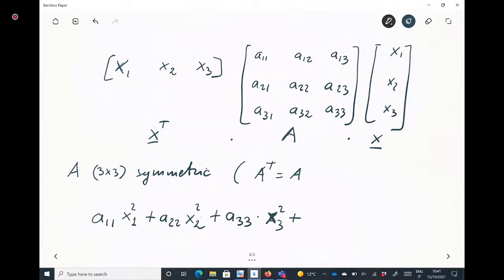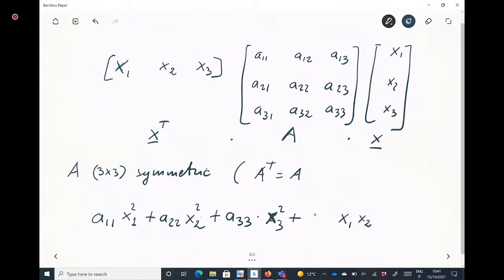Now we have all the possible mixed terms, which are three in number. So basically one will be of the type x1, x2, the other x2, x3, and the other x1, x3, okay? So plus, look at the term x1, x2. What will be its coefficient?